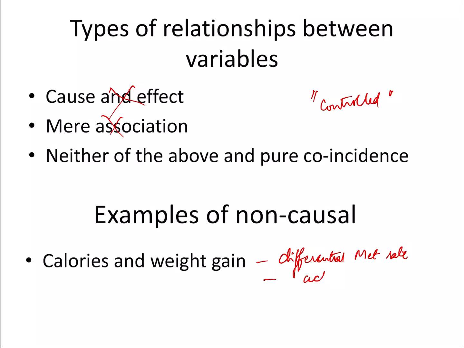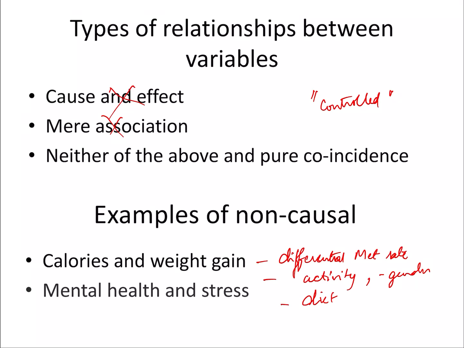We haven't accounted for activity level. We haven't accounted for gender. And if the experiment is done poorly enough, perhaps we haven't accounted for the specific type of diet that's being consumed. So it would be a non-causal relationship.